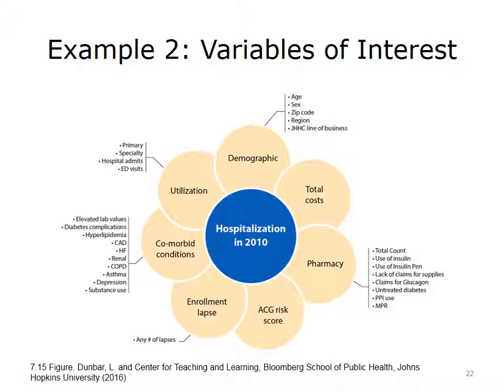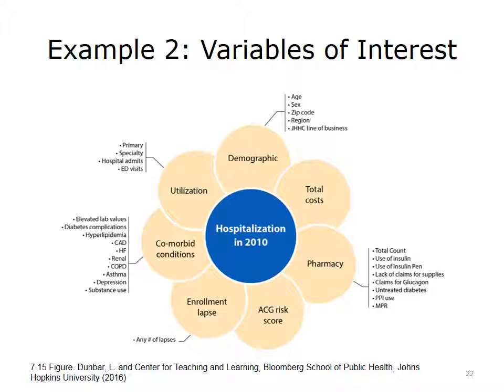Diabetic complications, hyperlipidemia, coronary artery disease, heart failure, renal, COPD, asthma, depression, substance use, or mental health conditions. In terms of utilization, what was the utilization of primary care visits, the number of visits, specialty care visits, the number and type of specialty care, hospital admissions, and ED visits?